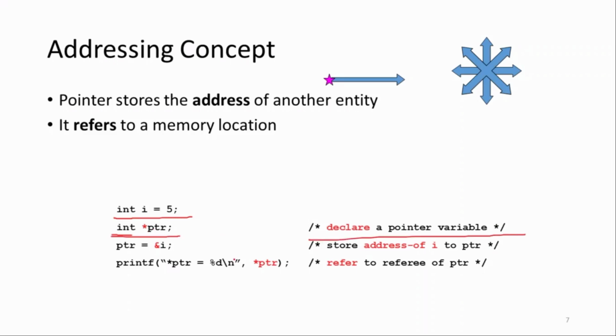Then ptr is equal to &i, so it stores the address of I in the pointer. Here printf prints the pointer variable ptr with %d, and the value the pointer refers to. So this is the address concept.